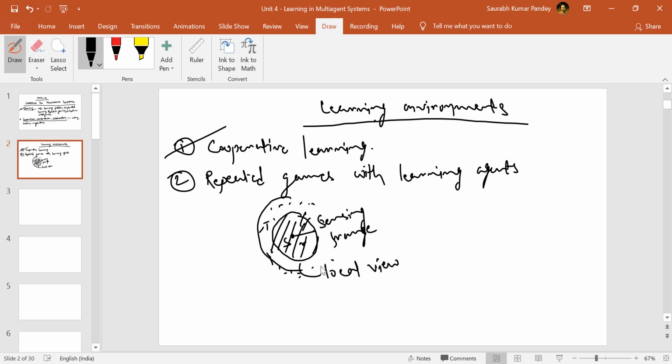So we can define the local view based on sensing range if we are talking about sensors. So based on different types of agents, their local views can be defined. So each agent is responsible for having their local view, right?